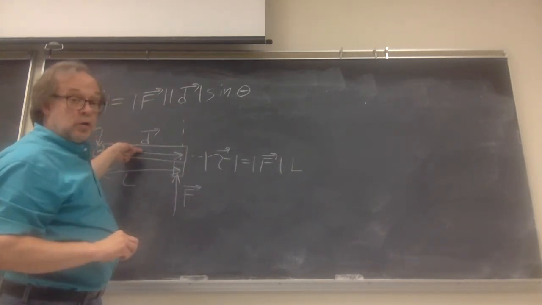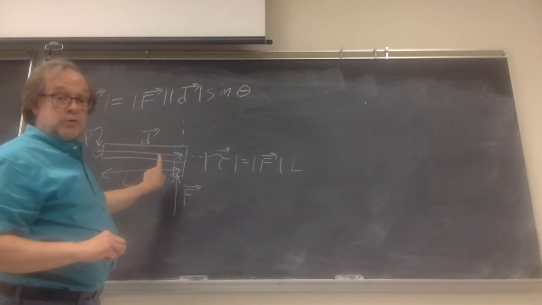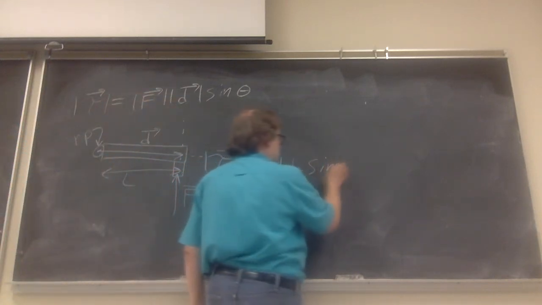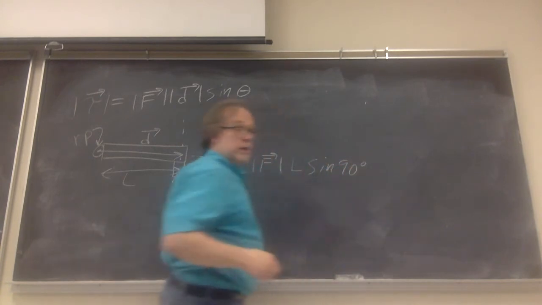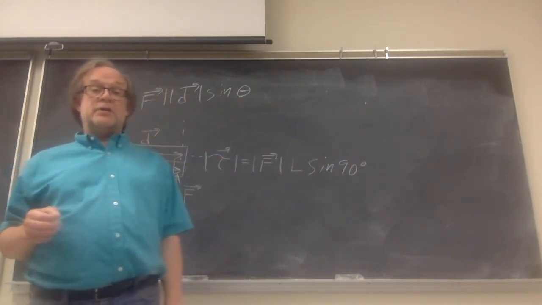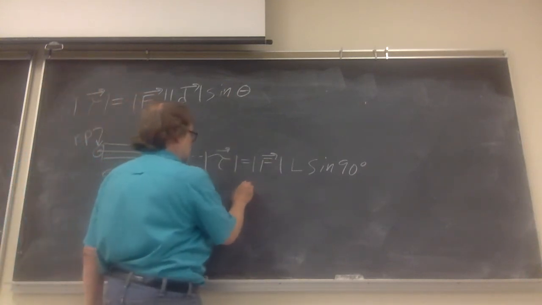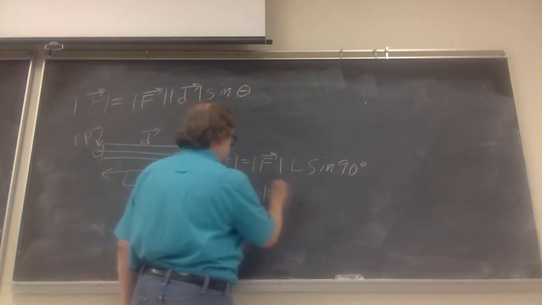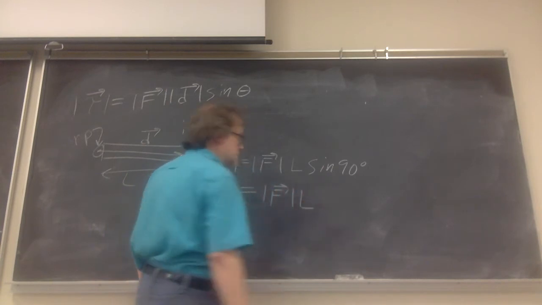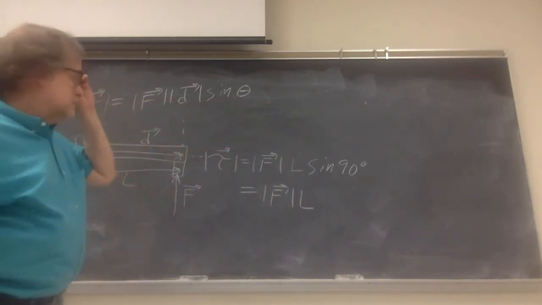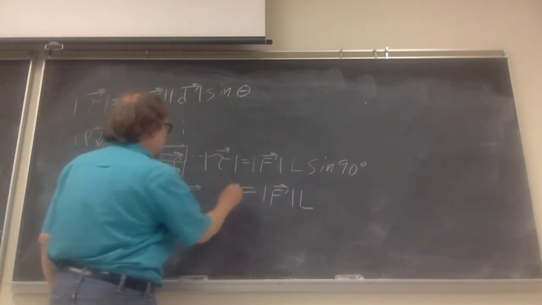Displacement points right along the door. Force is perpendicular, 90 degrees. So we've got sine of 90 degrees. Trigonometry tells us that the sine of 90 degrees is 1, plus 1. So torque in this case is just the magnitude of the force times L meters for the width of the door. I'll call this situation A.